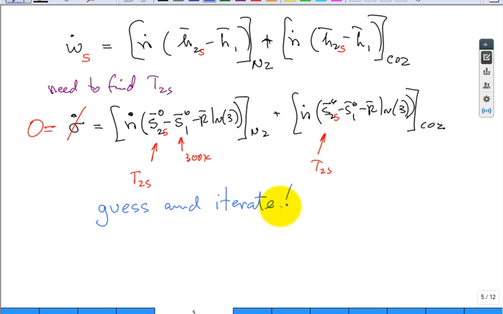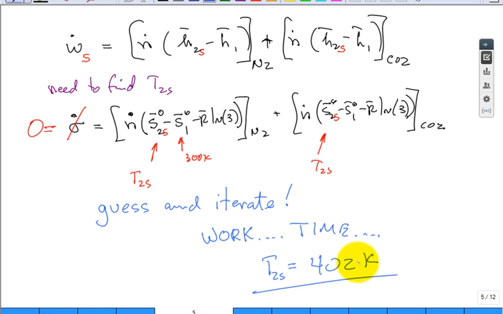So you just start playing. And after a little bit of this and this, you find the final temperature. And the final temperature, T2S, is? T2S comes in around 402 Kelvin.